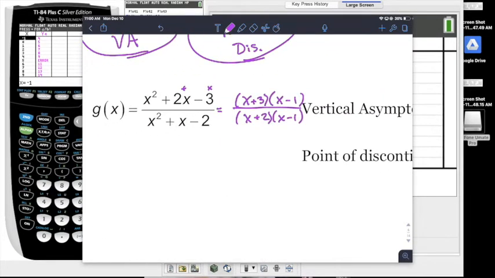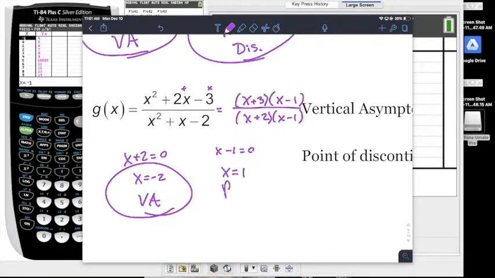Okay, so look at where the denominator equals 0. x plus 2 equals 0, so x is negative 2. And then x minus 1 equals 0, so x equals positive 1. Since nothing cancels out this x plus 2 in the denominator, this is truly a vertical asymptote.